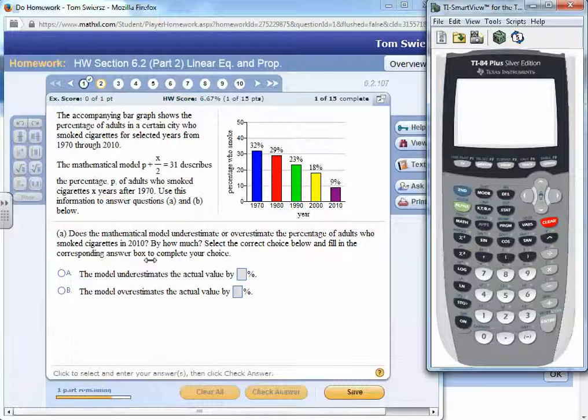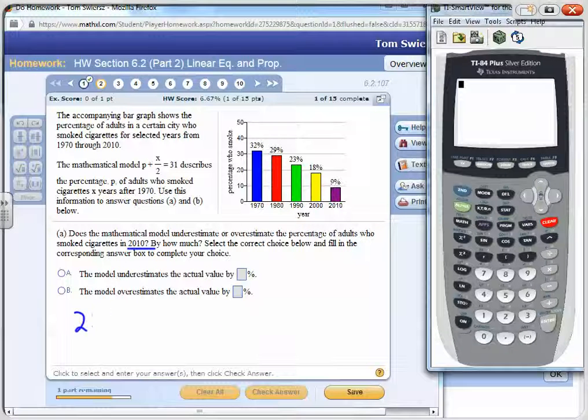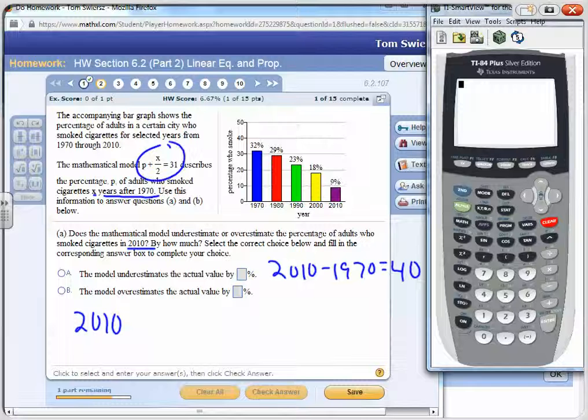So for 2010, we're looking for 2010, right? X is the number of years after 1970. So 2010 minus 1970 is 40. So X is equal to 40, and that's what we're going to put into this formula.